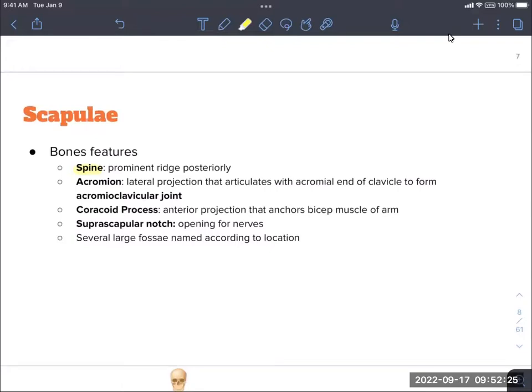We have an acromion, which comes together with the clavicle to make the acromioclavicular joint. We have a coracoid process. Then we have a suprascapular notch.